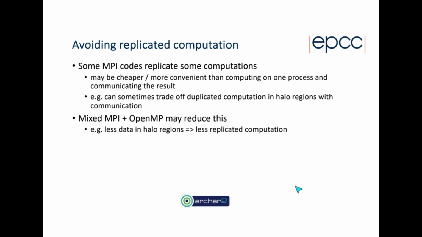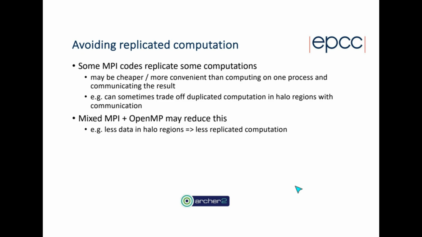The second reason why you might benefit from MPI and OpenMP is avoiding replicated computation. Some MPI codes do replicate some computation because it's cheaper, more convenient, or easier to program than computing something on one process and communicating the result.